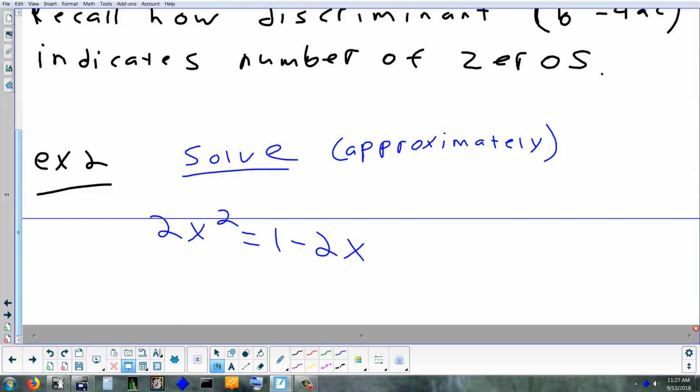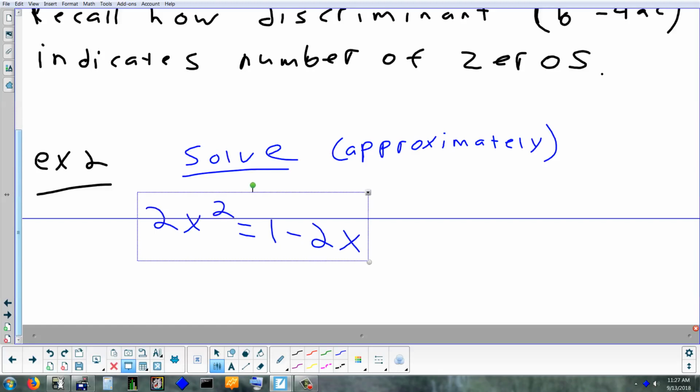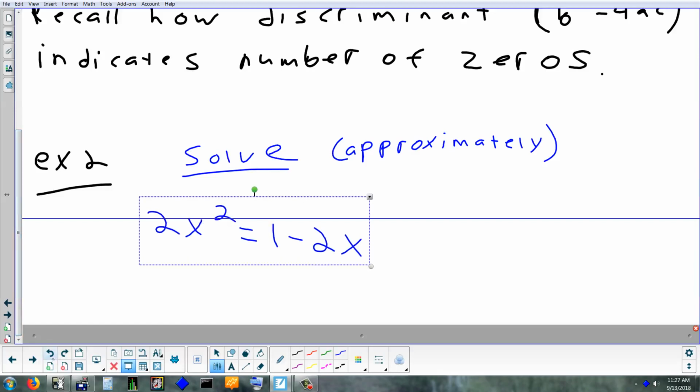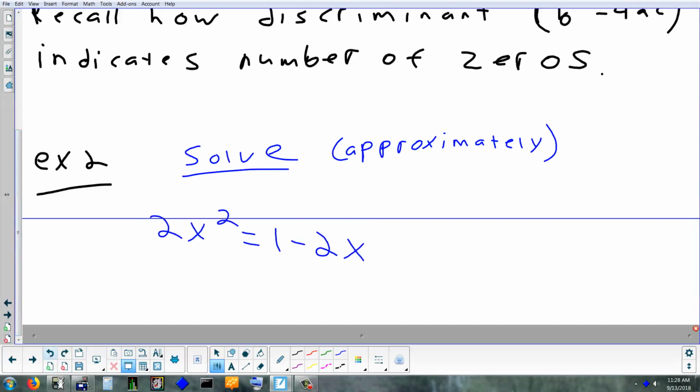Trying to find an x value that makes y 0. So let's get 0 in the equation. Just move everything to one side. It doesn't matter what side. I like to keep the squared term positive, so I'll move everything else to the left. So 2x squared plus 2x minus 1 equals 0.